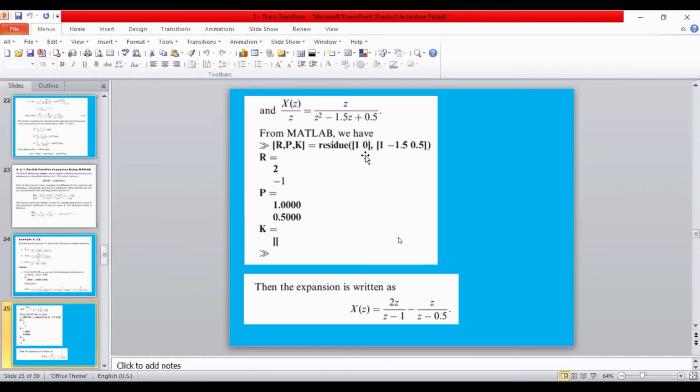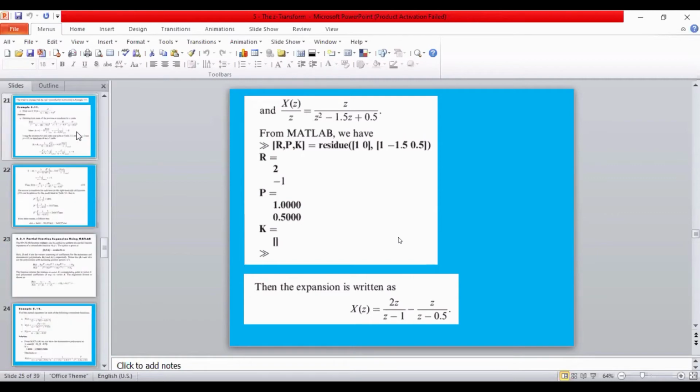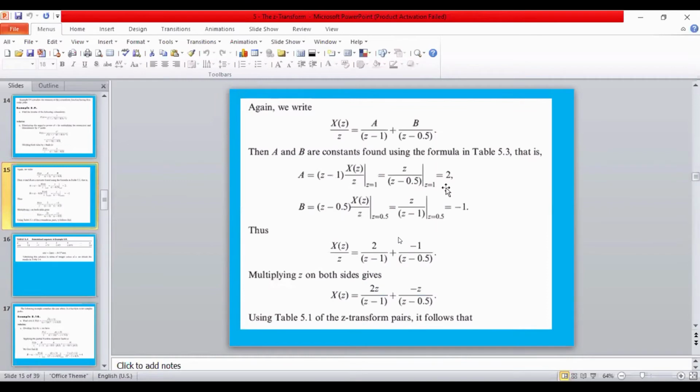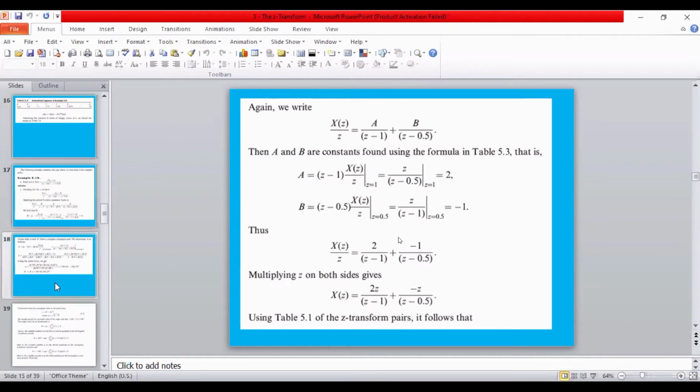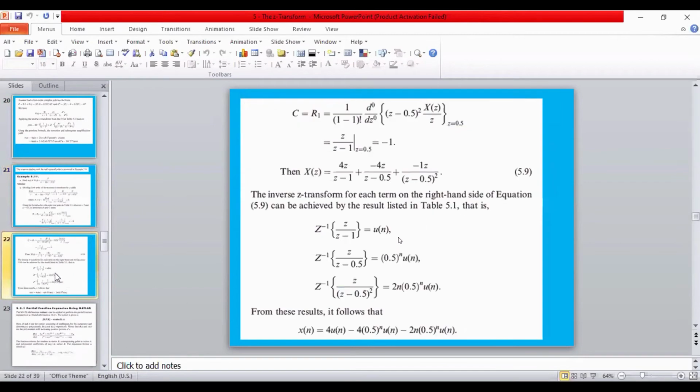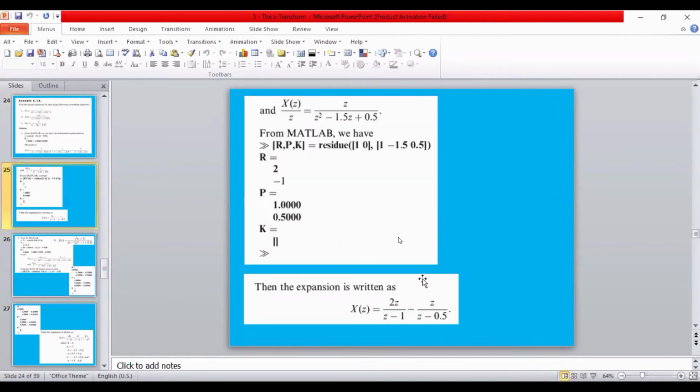Do the residue command, you get 2 and minus 1. Remember these numbers that we did before? These are the same numbers. We didn't do it, MATLAB did it for us, okay? Here, 2, minus 1, and poles are 1 and 0.5.